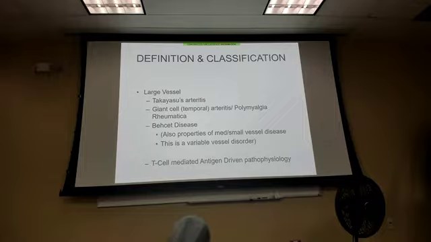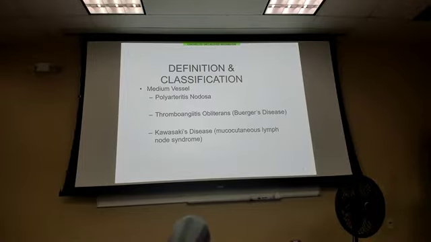And then lastly, over the large vessels is that T-cell mediated antigen driven pathophysiology. Medium wise, now we have polyarteritis nodosa. Buerger's, like it said, can be small and medium also, but it's called thromboangiitis obliterans, and then Kawasaki disease, mucocutaneous lymph node syndrome. So that's the name of it. Some of y'all will remember that because we talked about that in the past.